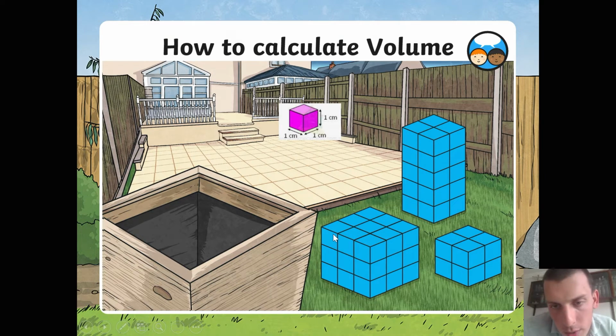Now we go here, 1, 2, 3, 4, 5, 6, 7, 8, 9, 10, 11, 12, and then there'll be 3 in the middle, 13, 14, 15, and then 16, 17, 18, 19, 20, 21, 22, 23, 24, 25, 26, 27.